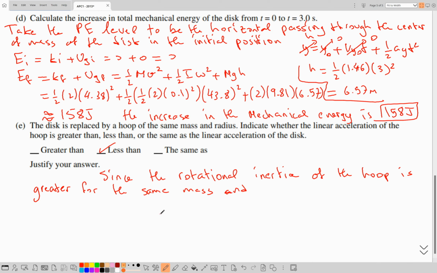We cannot say directly that the hoop is more inertial than the disk. This holds true whenever the mass and the radius are the same.